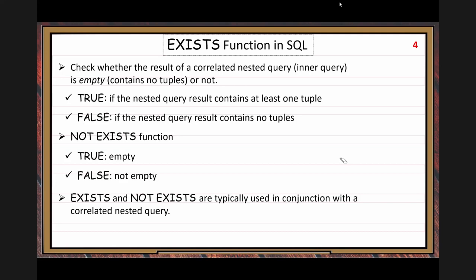Exists and not exists are typically used in conjunction with a correlated nested query. The exists function is usually easier to understand because there is no negation, no double negation. So the hard part is not exists.